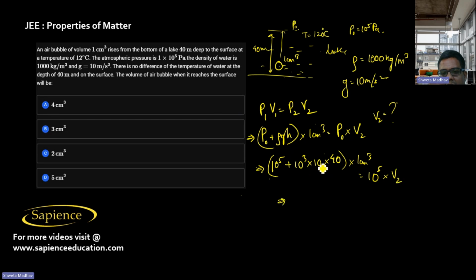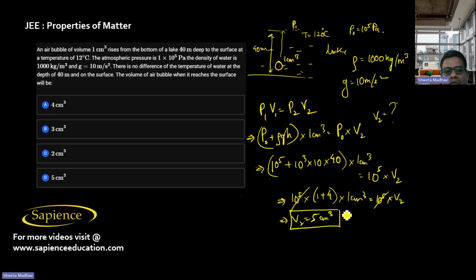Now I can take 10 power 5 common: 10 power 5 into (1 plus 4) into 1 centimeter cube is equal to 10 power 5 into V2. 10 power 5 will get cancelled, so V2 will be equal to 5 centimeter cube. So the volume of the air bubble when it reaches the surface will be 5 centimeter cube. Here, when we write P1 V1 equal to P2 V2, we are assuming that the air is an ideal gas.